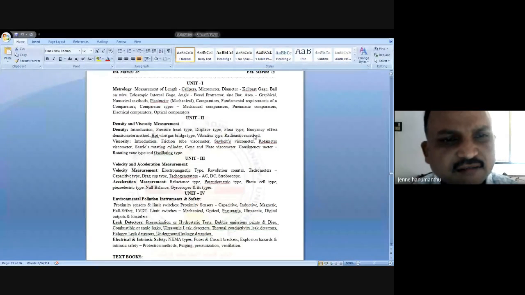other instruments for measuring unknown parameters like area, right? So for measuring the area, see the syllabus: area using graphical and numerical methods, and area using a planimeter.